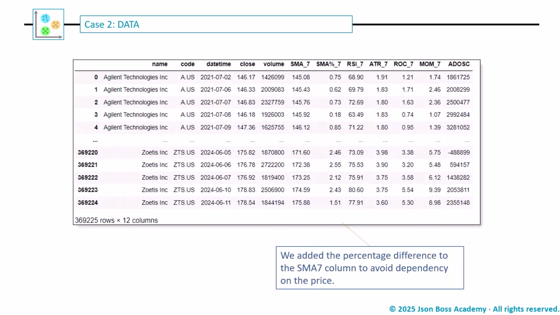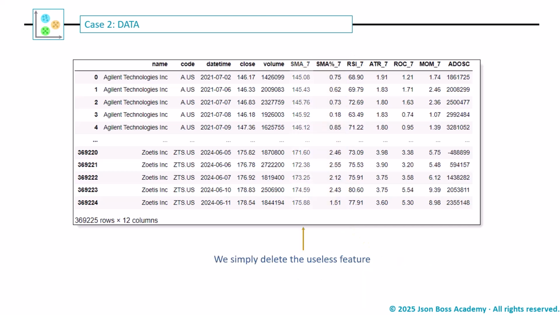That's why we transform it into the distance from the average to the price, a universal metric that we can always use. In the image, you can see the difference between the moving average and the percentage distance to the price. Logically, we eliminate the original moving average feature.